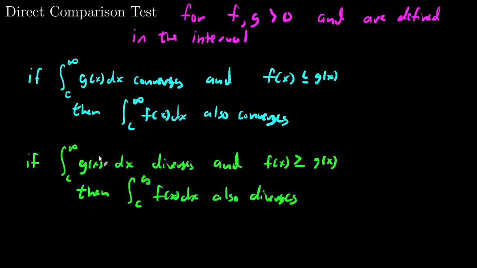This down here, g of x does not have a finite area. The heights were too big throughout this, it diverged. If f is even bigger, it has even higher heights. If this integral goes off to infinity, and this one is just bigger, it also has to go off to infinity. So it's pretty easy to understand this, a little bit difficult to use.